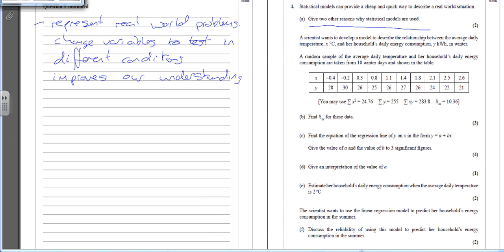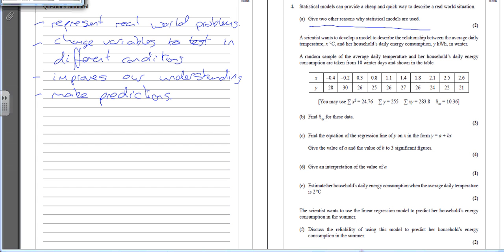So that's 3 different things so far. And if we've got a decent model that's shown it's reliable, we can use that to make, this is a big one, make predictions.